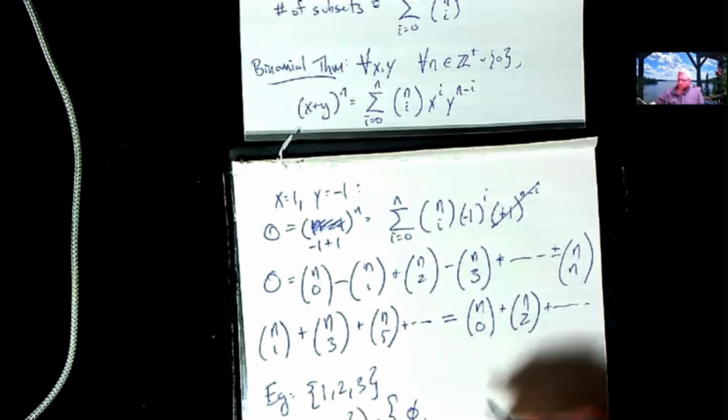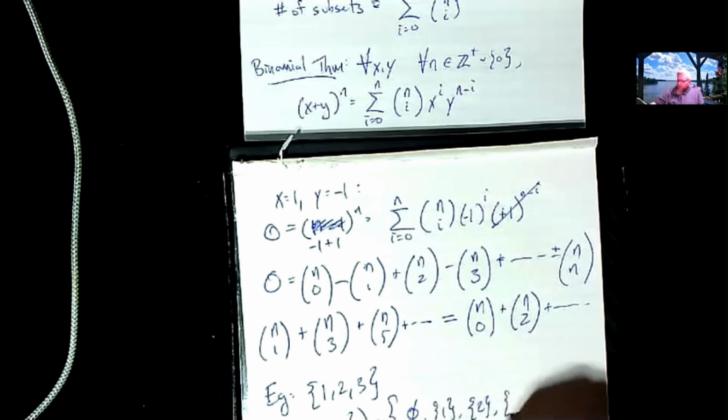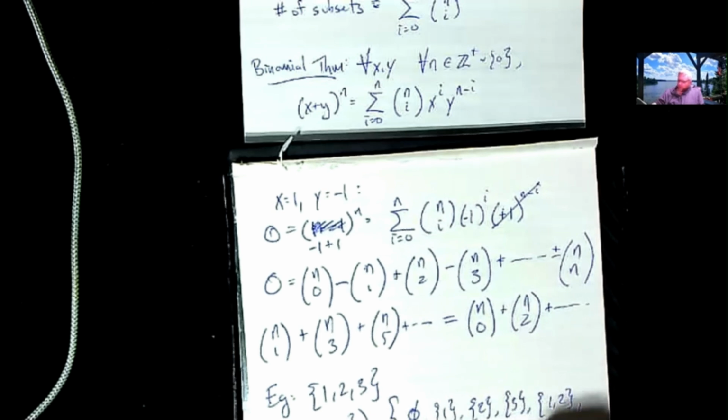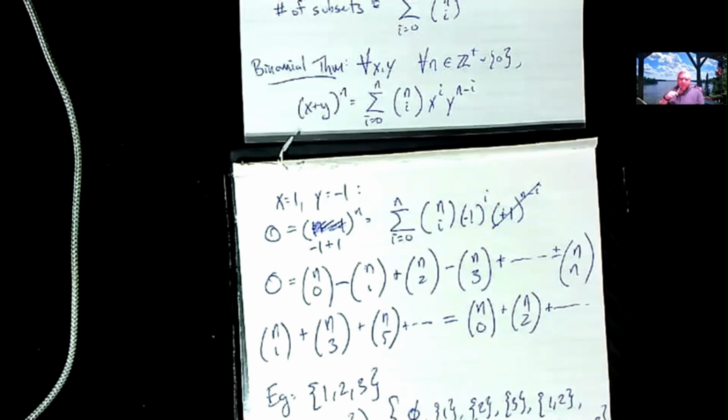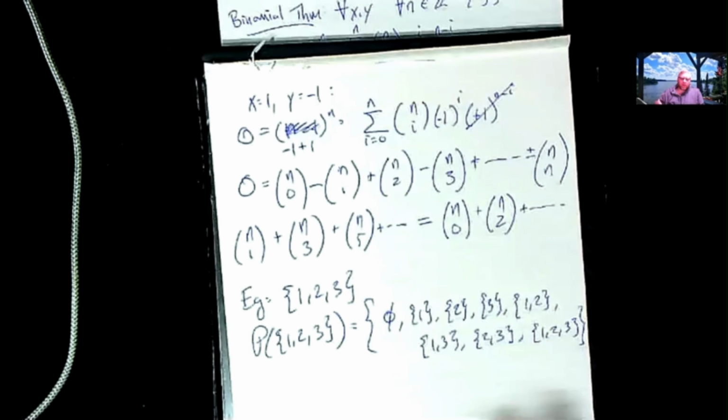Well, the empty set, the set 1, the set 2, the set 3, the set 1, 2, the set 1, 3, the set 2, 3, and the set itself, 1, 2, 3. That is the power set of the set 1, 2, 3. It's all the subsets.